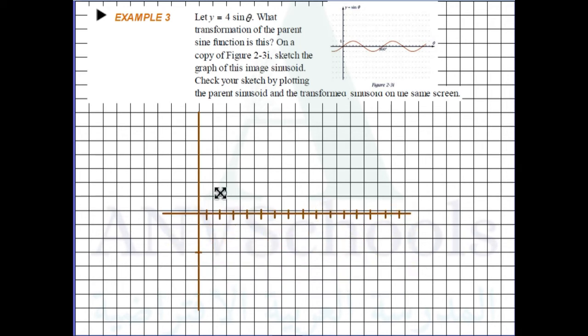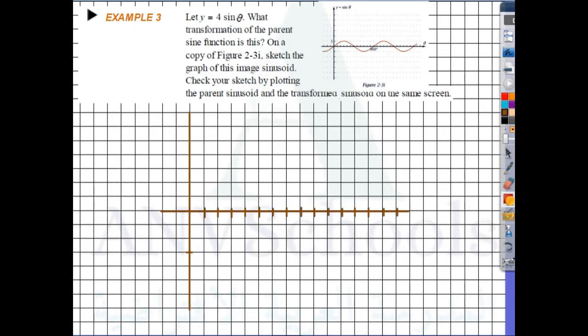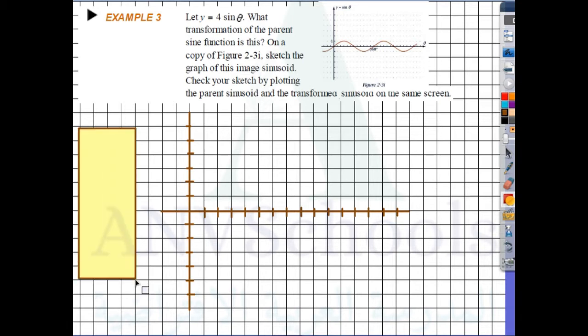Let's maximize it, so let's put it here. These are my y values. Okay, so my parent function would be y is equal to sine x, and this y is equal to sine x could be taken with having a graph here.